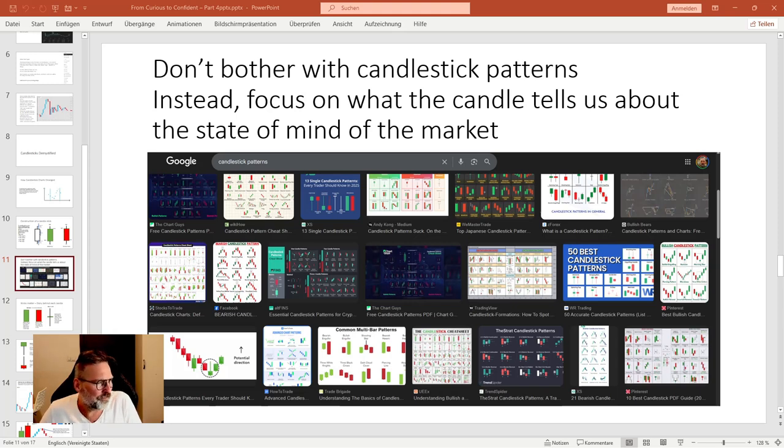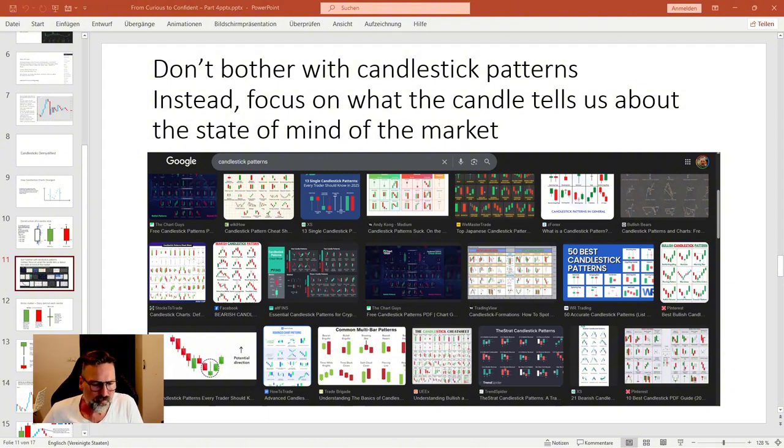Candlestick charts, and then there are candlestick patterns, right? Just Google that, do me a favor, put in there candlestick patterns, and you find a lot of posters even that you can hang on the wall and print out, and they have all fancy names and whatnot, and it can be quite overwhelming.